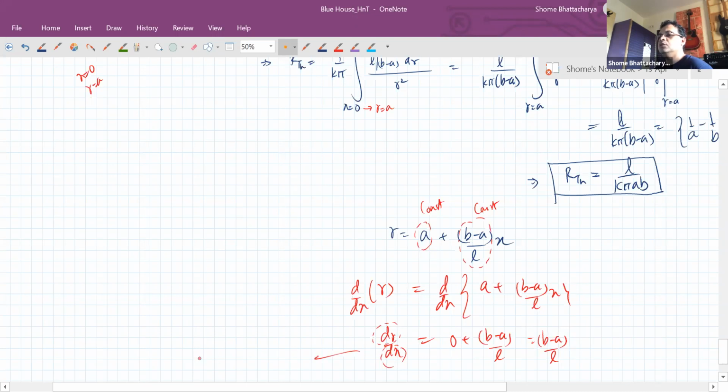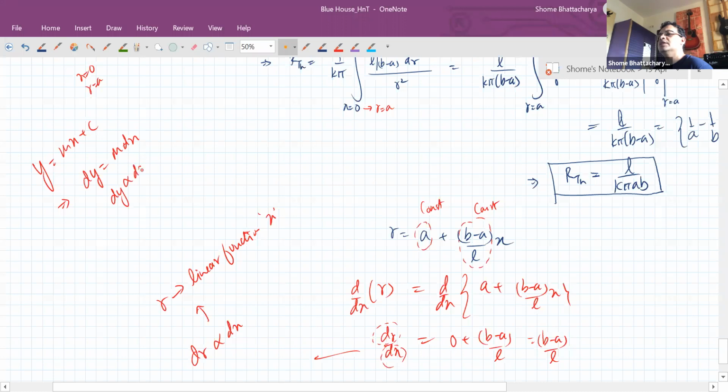So they are proportional to each other, dr is proportional to dx, because r is a linear function. If y is equal to mx plus c, that means dy will be equal to m times dx. That is, this is proportional to dx. So that concept.